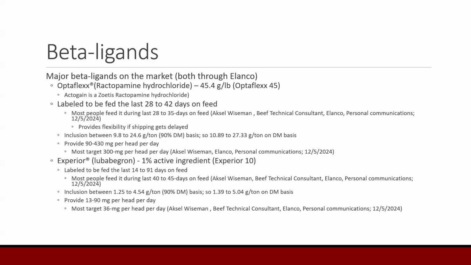That's one heck of a window. Most people are feeding their dairy cattle, dairy-derived cattle, or heifers for 28 days. Most people are feeding their higher quality beef genetic cattle for 35 to 45 days.